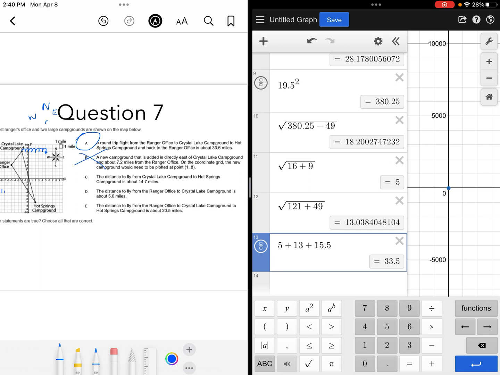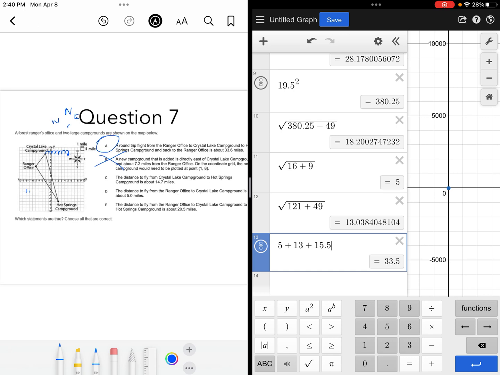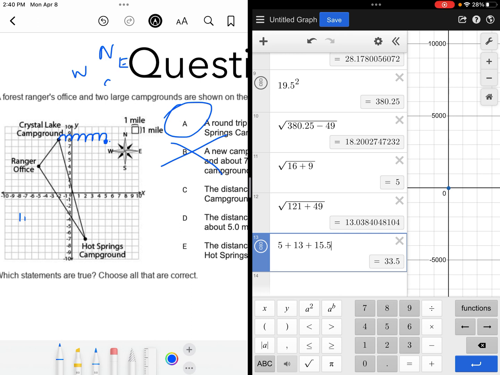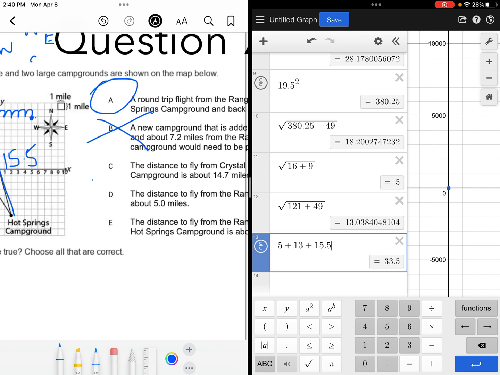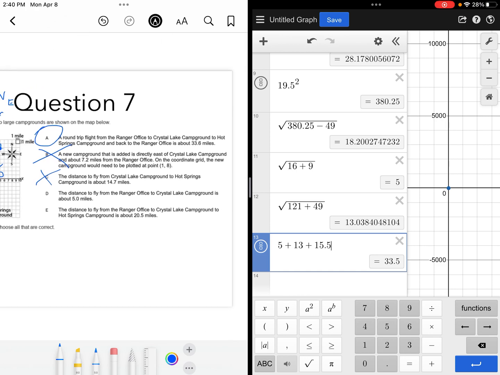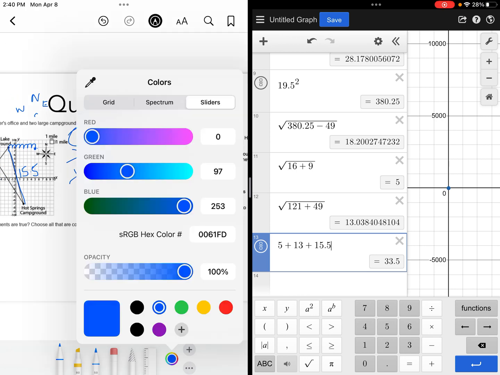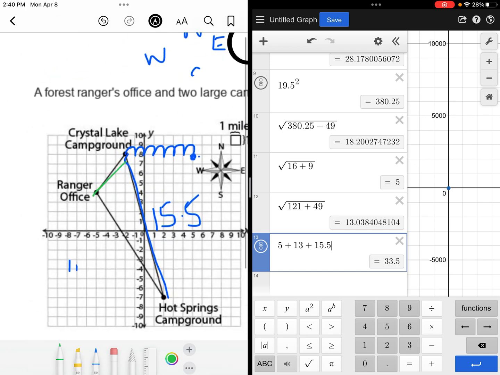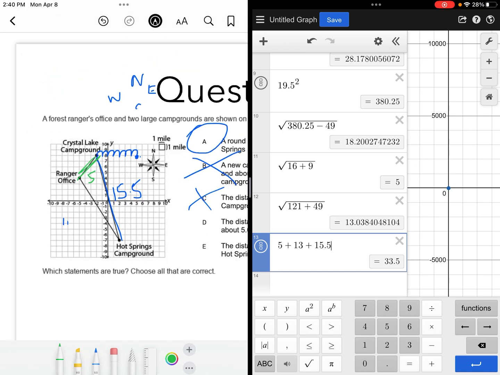Okay, the next one is the distance to fly from Crystal Lake to Hot Springs is about 14.7. So Crystal Lake to Hot Springs, no, this one was 15.5. So that's not true. The distance to fly from the ranger's office, that was 5.